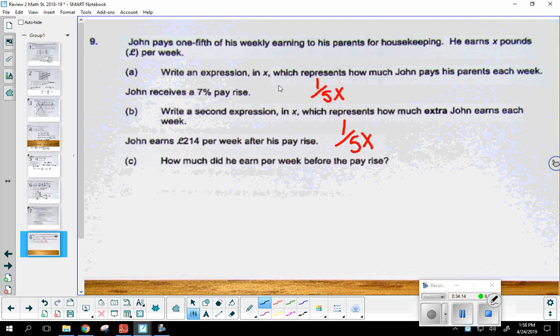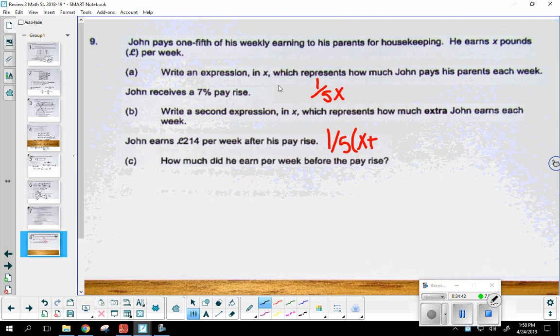See, the 1/5 X just represents how much he gives his parents, right? So we're not doing any kind of increase on that. We're just increasing the amount that he gets by 7%. And you're adding it? Okay.